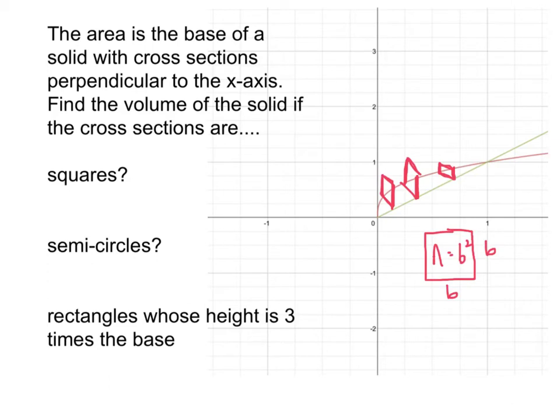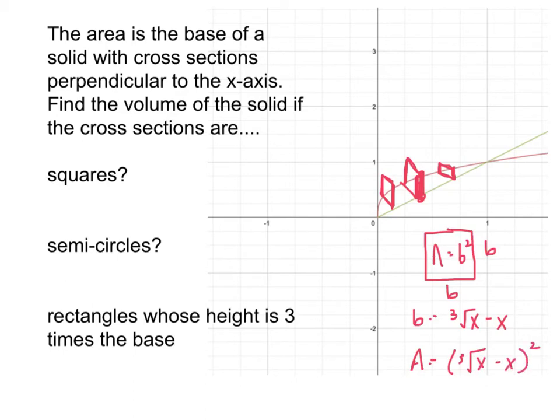Each base is simply the distance between the two functions. So the base is equal to the cube root of x minus x. So the base squared, the area, would be equal to the cube root of x minus x, squared.